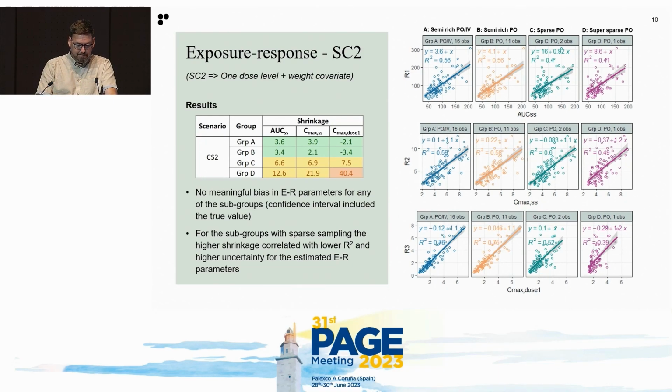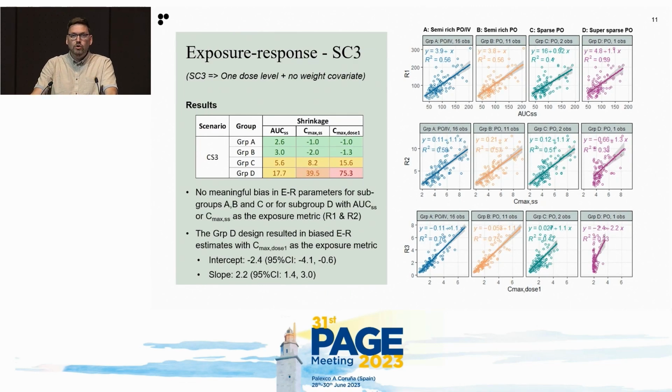If we go to the last scenario, where we had 1 dose level and no weight covariate, we had no meaningful bias in exposure response parameters for subgroups A, B, and C, and not either for subgroup D, the very sparse design, when we considered the exposure metrics AUC and Cmax at steady state.